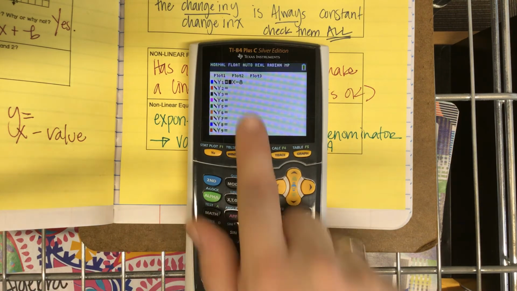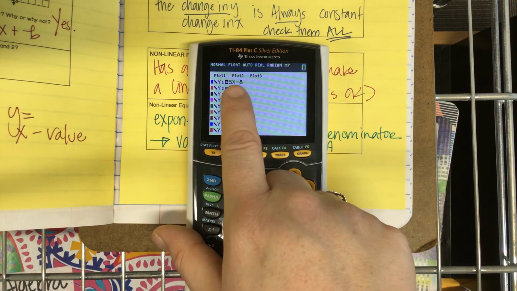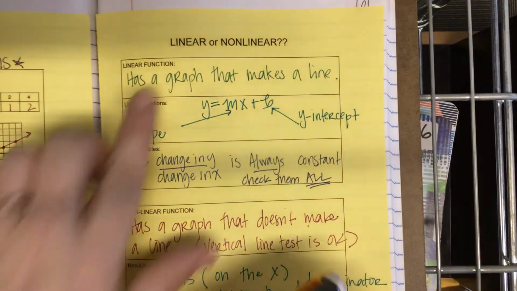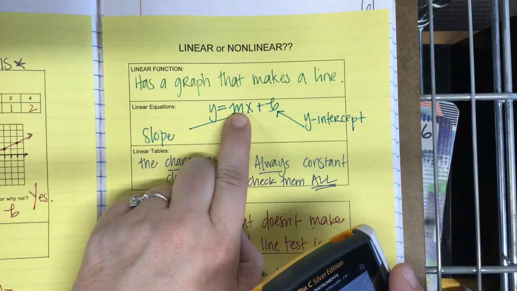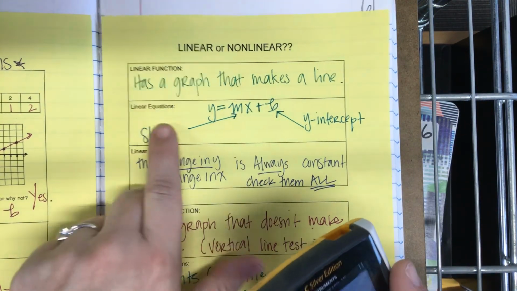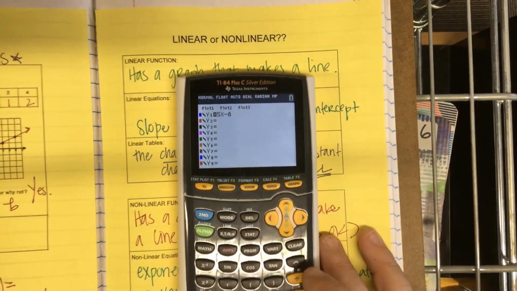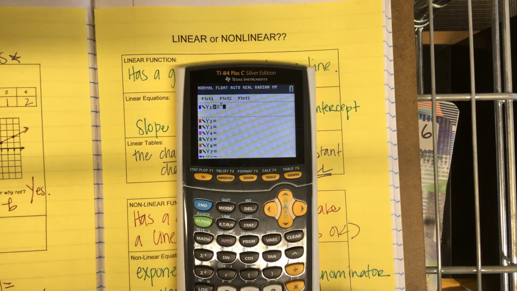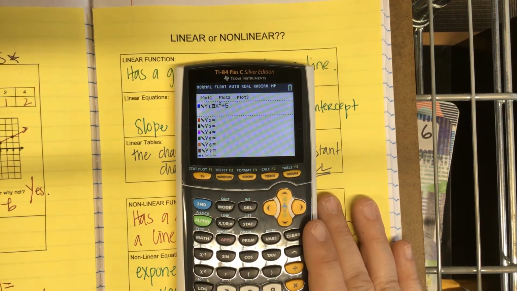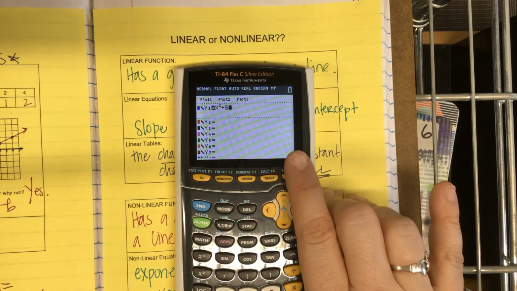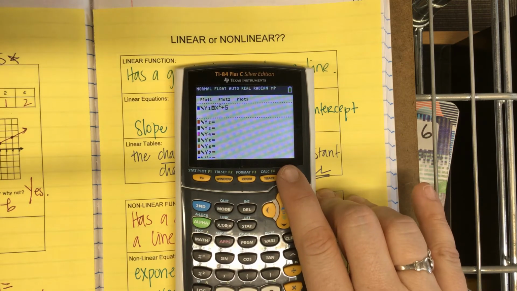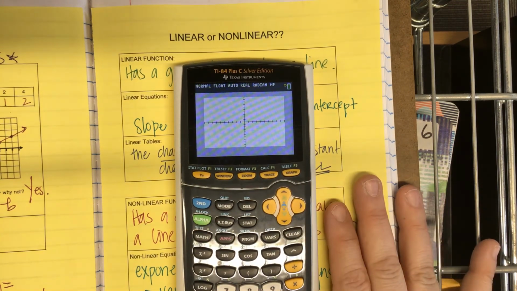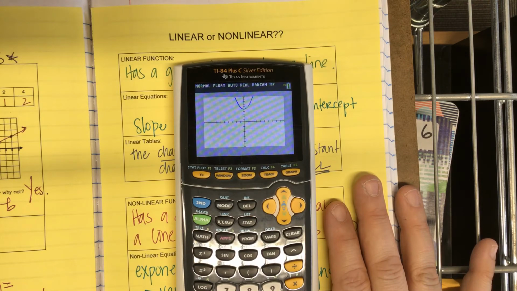Because 5x minus 8 is linear. If I did x squared plus 5, is it going to be linear or nonlinear? Nonlinear. Why? There's an exponent. Let's see it.